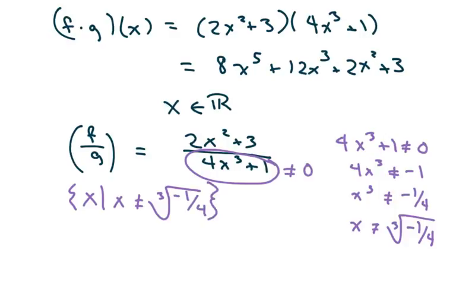Now, to simplify that, this is going to be x such that x cannot be the cube root of 2 over 2. Okay, so it's negative 2. You pull the negative out. That's just simplifying it further.